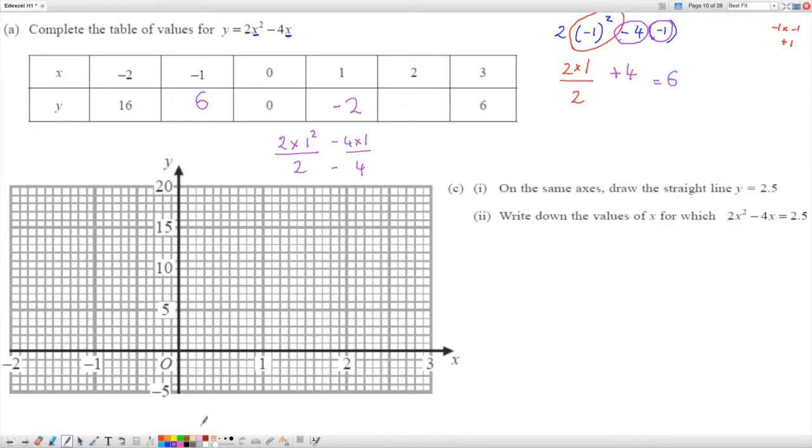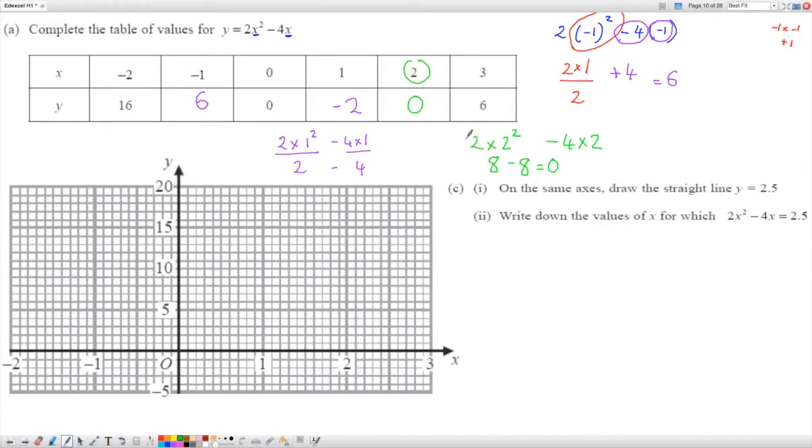My next x is 2. We have 2 times 2 squared. 2 squared is 4, 4 times 2 is 8. Minus 4 times 2, 8, minus 8 gives us our value here of 0.